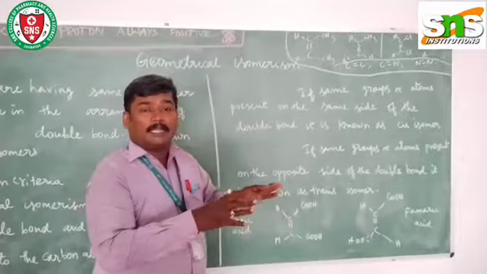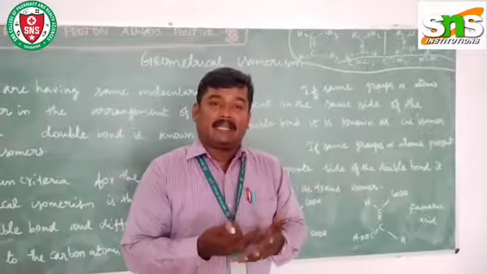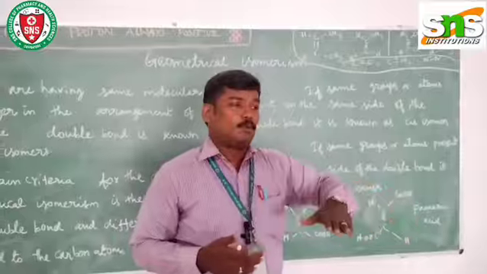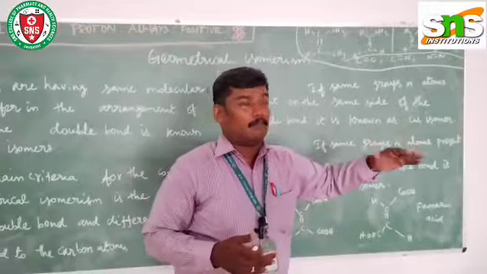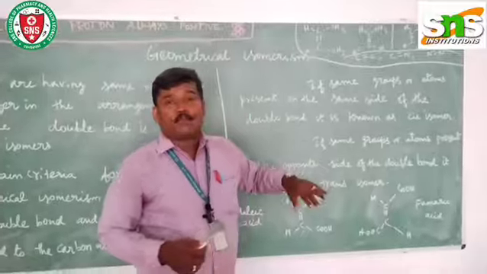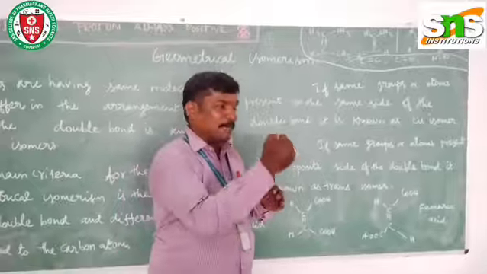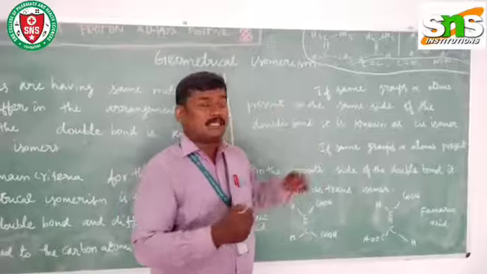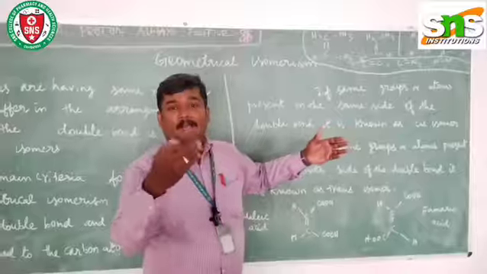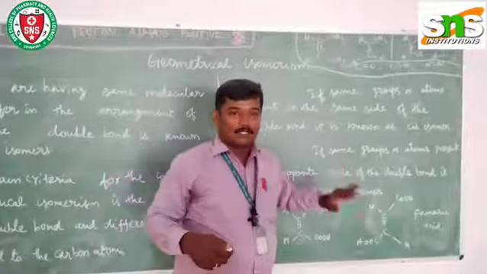In the double bond, if the same groups, for example hydrogen or methyl, are present on the same side of the double bond, it is known as cis-isomer. If the methyl groups or hydrogen atoms are present on the same side, then it is known as cis-isomer. If they are present on the opposite side, they are known as trans-isomers.